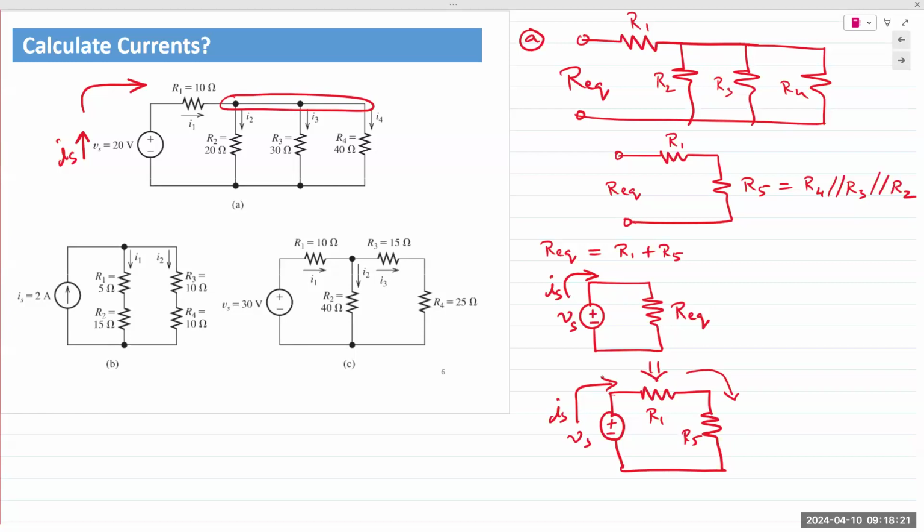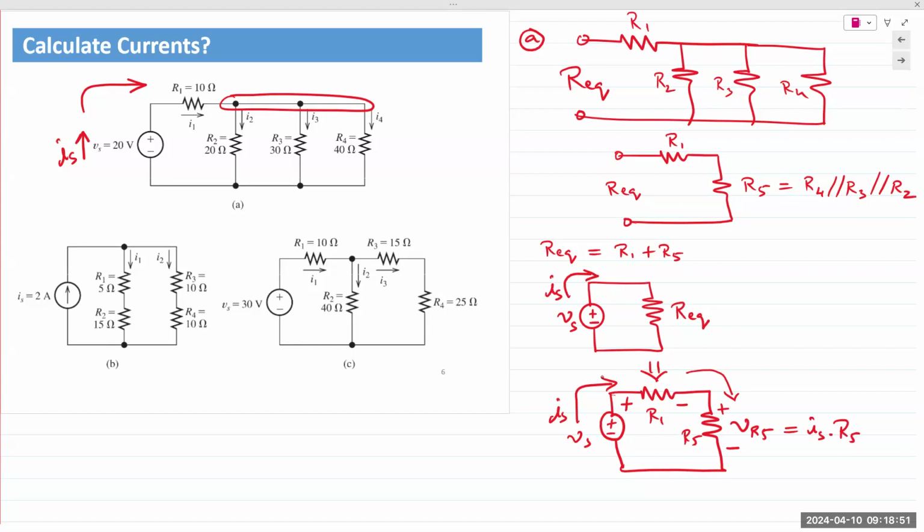So the voltage drop across R1 would have a plus on the left, minus on the right. How about R5? How many of you agree? Positive up top, negative at the bottom. Then you can calculate VR5. That would simply be IS times R5.